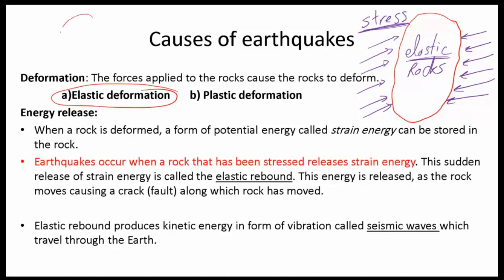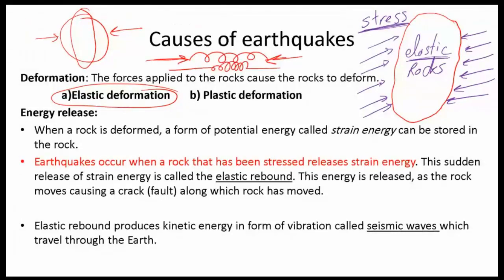It's similar to what? If you have a ball and you compress it, the ball will deform. Or if you have a spring and you compress it, the spring will deform. Both are elastic objects. So what will happen when they deform? Something that we have studied in physics before. Do you know what's going to happen when the object elastically deforms?